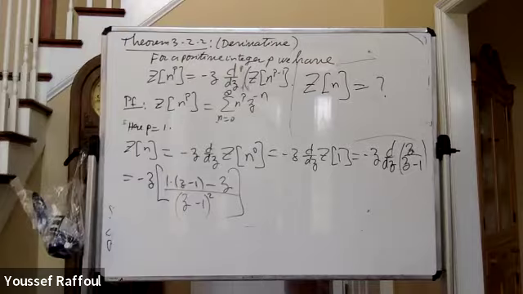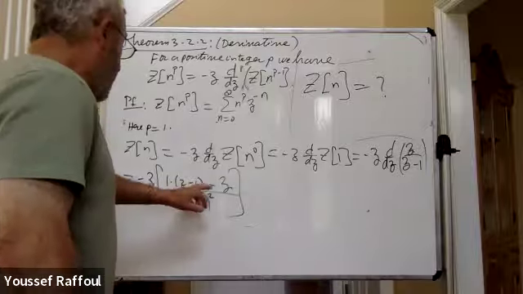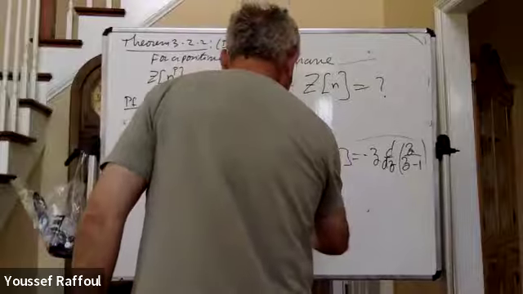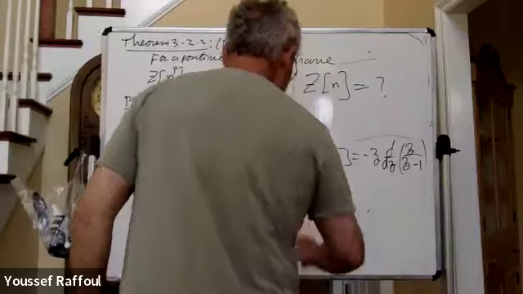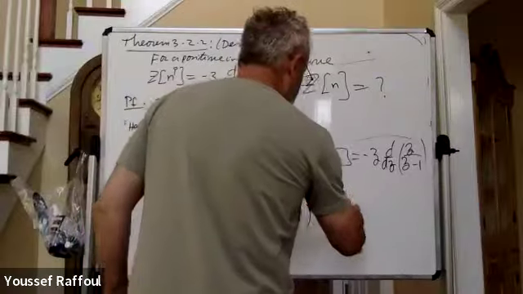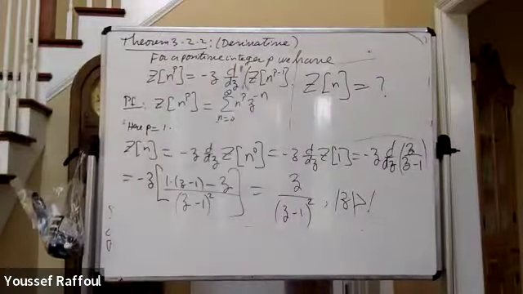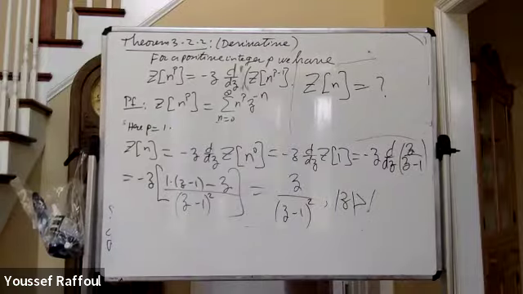I use the quotient rule: the derivative of the top times the bottom minus the top times the derivative of the bottom, which is 1, over the bottom squared. z minus z... so this is z over (z minus 1) squared. And of course, that is for |z| bigger than 1. So now we found Z of n.